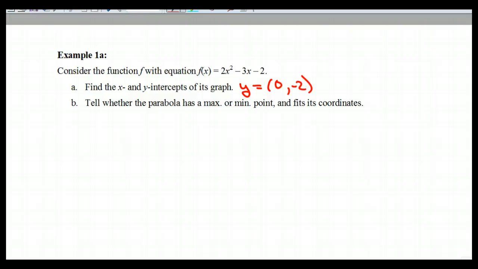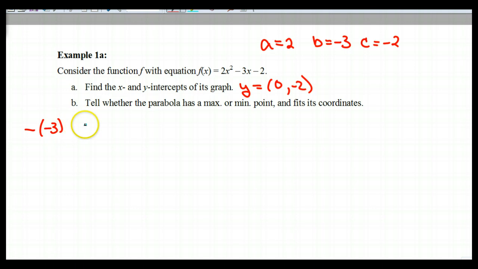So we need to find the x-intercept. So a is what in this case? 2. And b is negative 3. And c, negative 2. So let's put that into our quadratic formula. We have minus b, which is minus a minus 3.